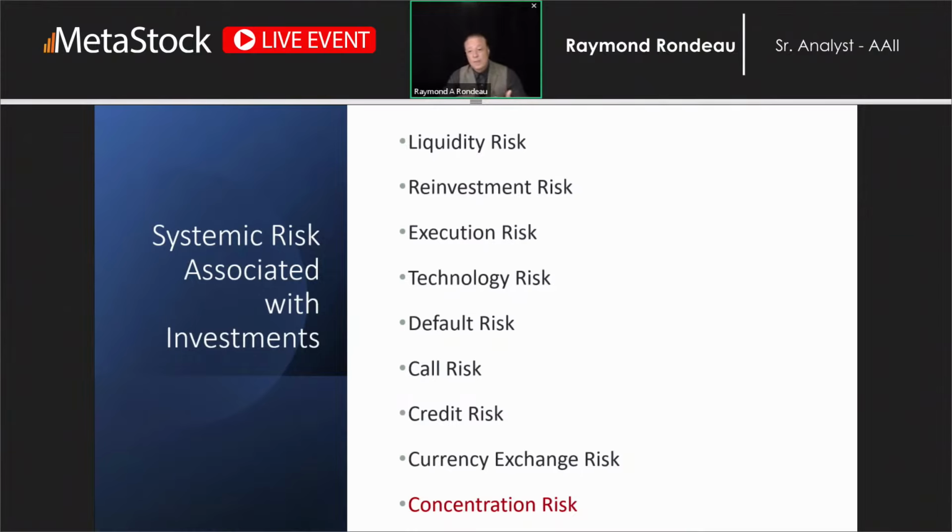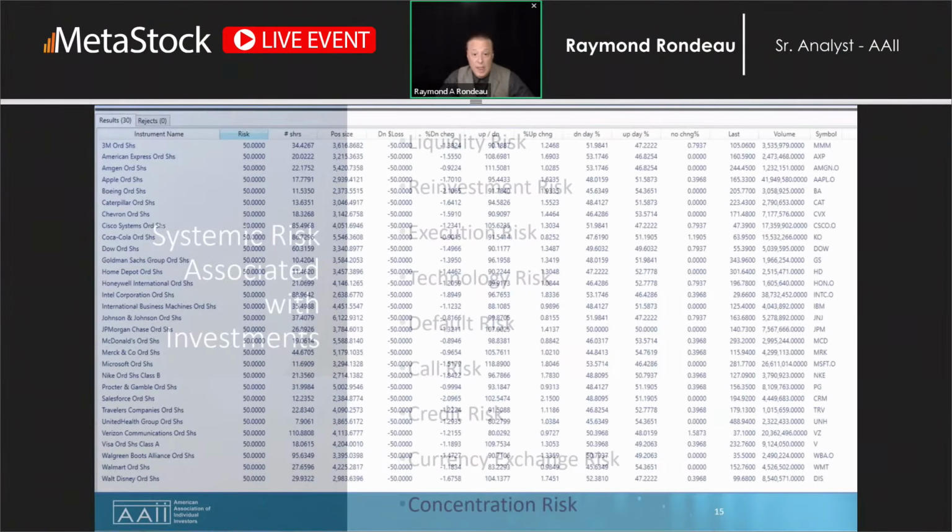If we keep the individual security sizes low and proportional, it theoretically buffers from a portfolio perspective all these types of risk from having a major negative effect on a portfolio. So if something goes wrong, we're not overly concentrated on one particular security. We live to fight another day.